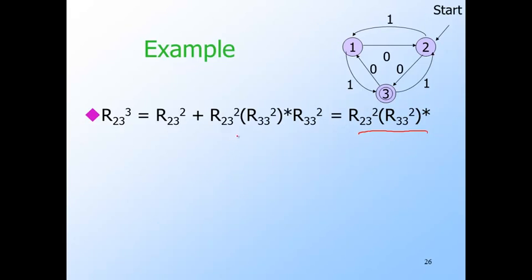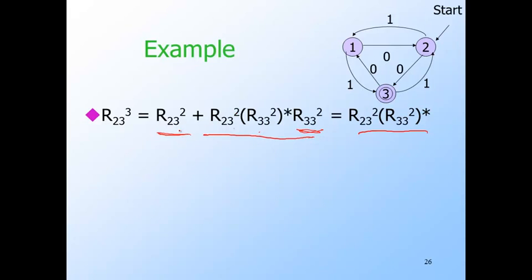Now we have another expression, R23 super 2, that you can think of as itself concatenated with none of the E's. Remember, E is actually R33 super 2. So this is R23 super 2 concatenated with no E's. This is R23 super 2 concatenated with E star E, that's one or more E's.